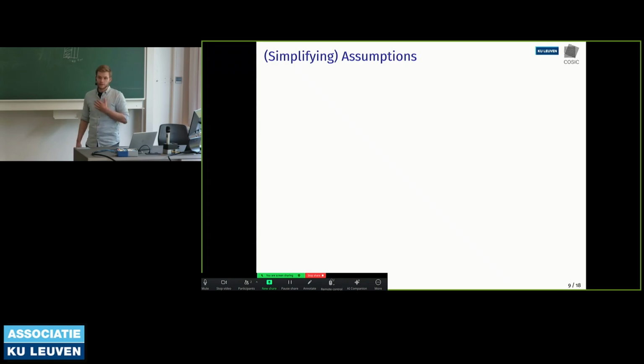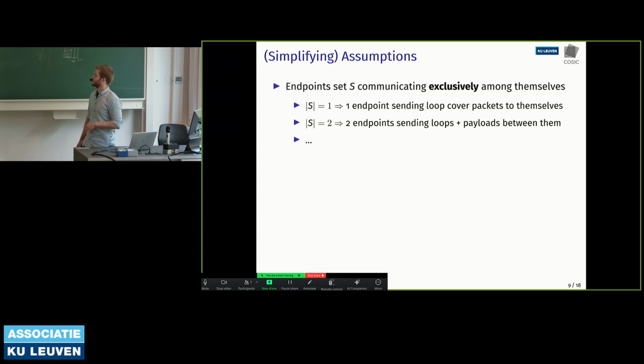Okay, so now to the assumptions, so that we make clear what we assume before we claim our results. The question that we are asking is, are endpoints communicating exclusively? Exclusively here is the key word, meaning consider a set of endpoints that you want to ask this question about. If the set is of size 1, then you're asking, is this one endpoint communicating exclusively with itself? Which means it will only send loop cover packets. If it is connected to NIM, or to the Mixnet in this case, and just idling, it will send loop cover packets.